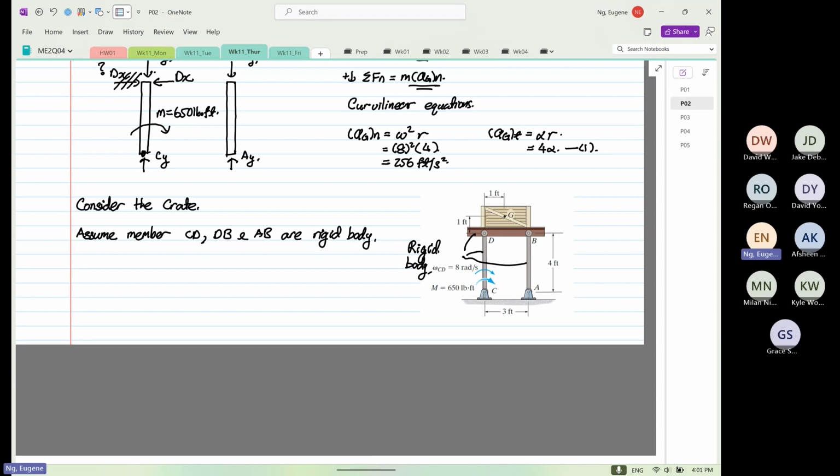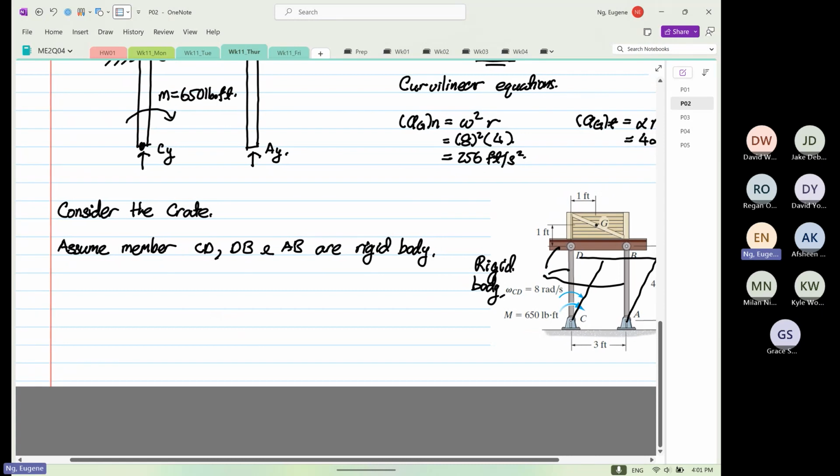Means during any motion, the deformation is a straight line. Are we clear? So if this thing were to bend, all these are straight lines. Are we clear? I know this is far from reality, but to simplify our calculation, that is what we are going to assume.